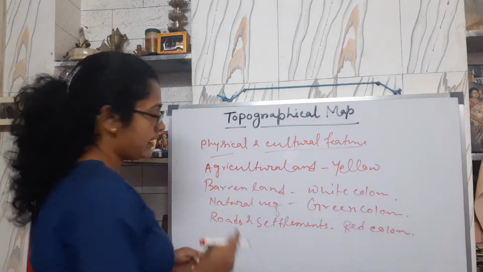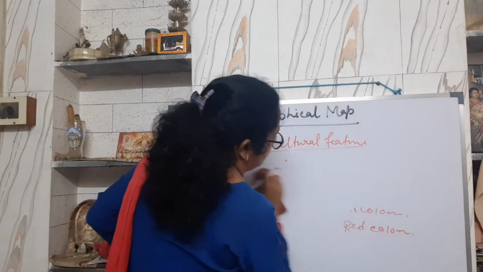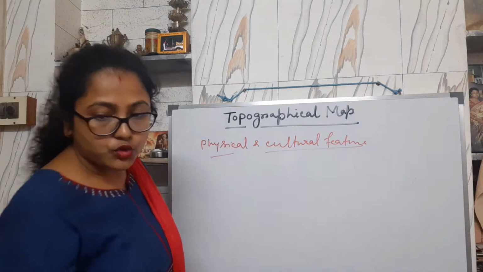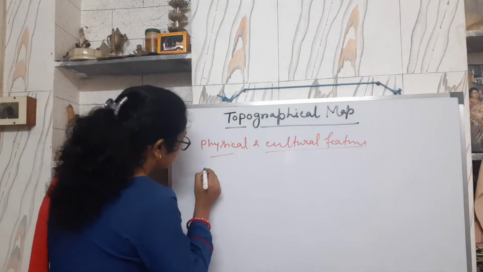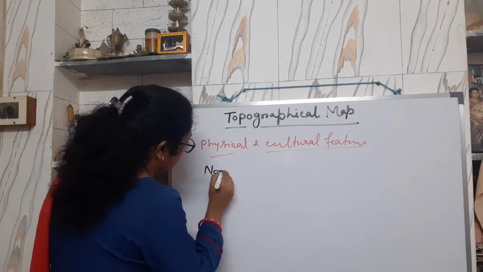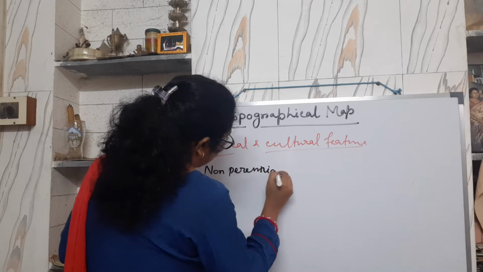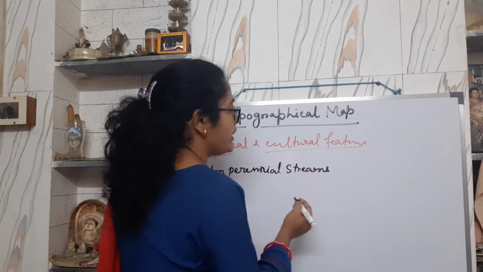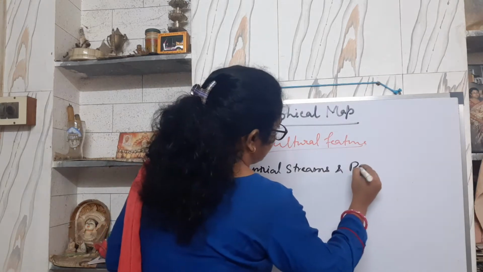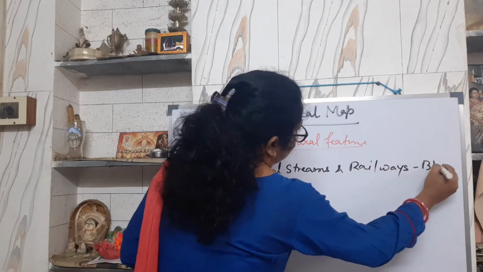Then many other colors are also there, like to show the non-perennial streams and railways, black color.